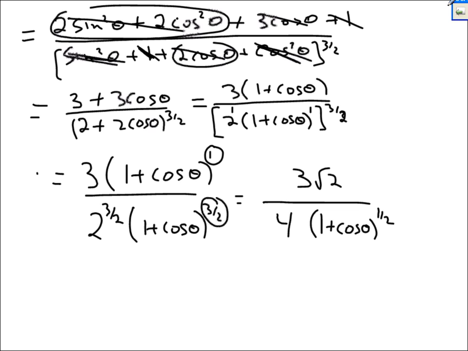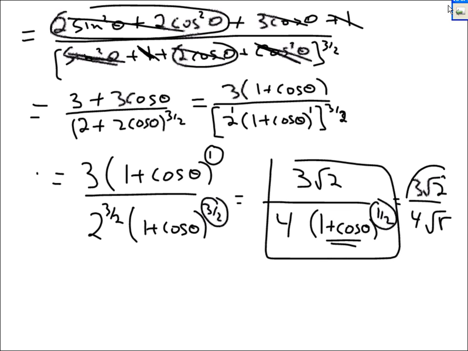And I don't know if this is customary, but 1 plus cosine theta is r, so you get the square root of r, r to the half. Here is an answer, and here is an equivalent answer. But yeah, that's fine. I was thinking I changed from polar to rectangular. No. In polar, 1 plus cosine theta is polar, and so is r. r equals 1 plus cosine theta.